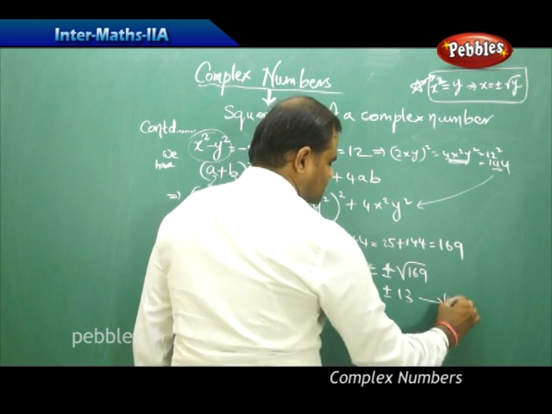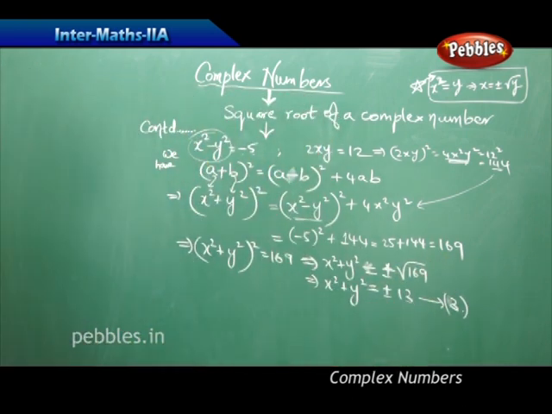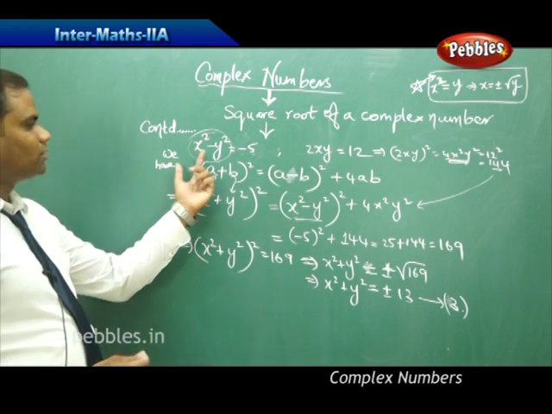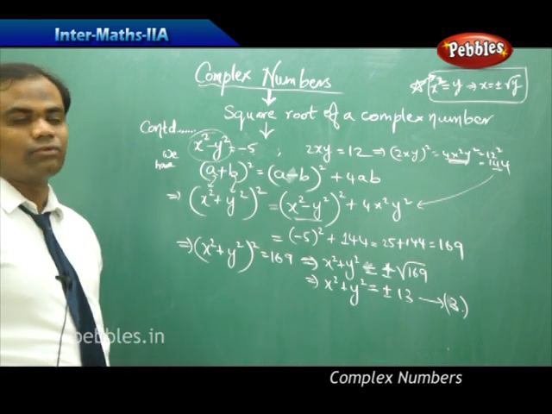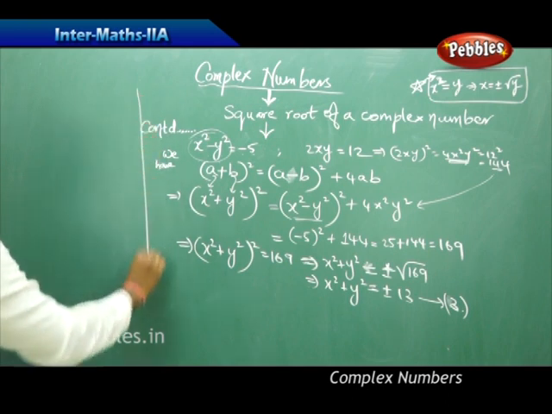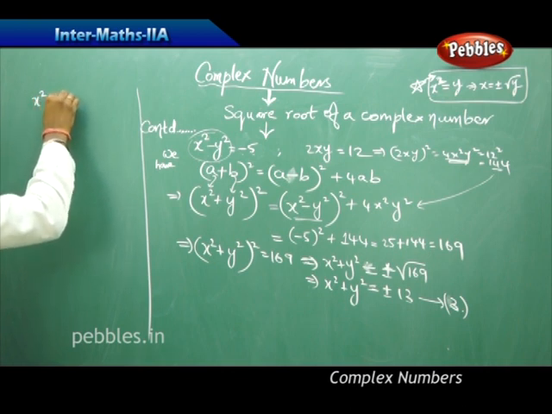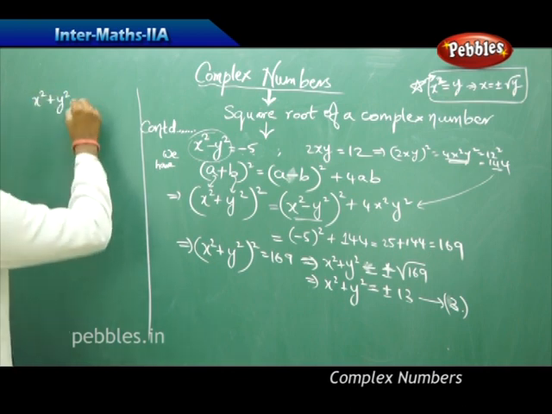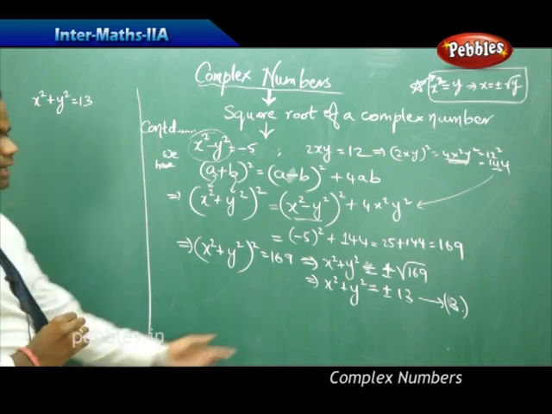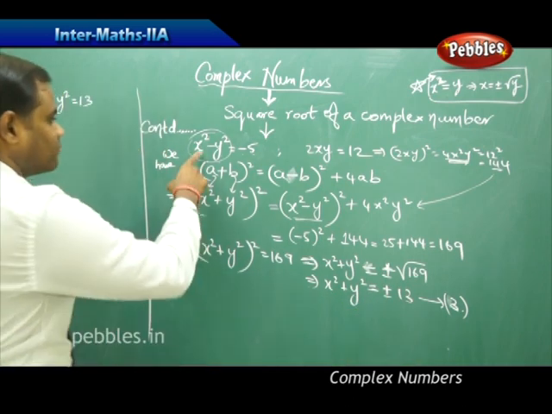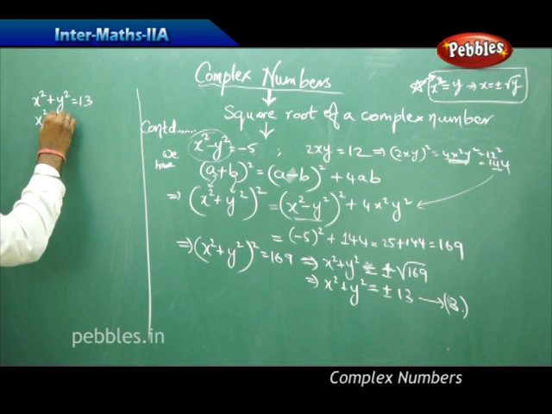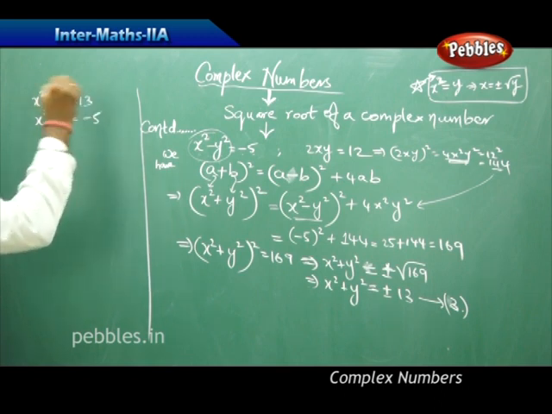Now this is equation 3. Now from equation 2, I already have this and this. Therefore, let's see how we can get the values. Initially, if I take x squared plus y squared equal to 13, then from equation 2 I have x squared minus y squared is minus 5.